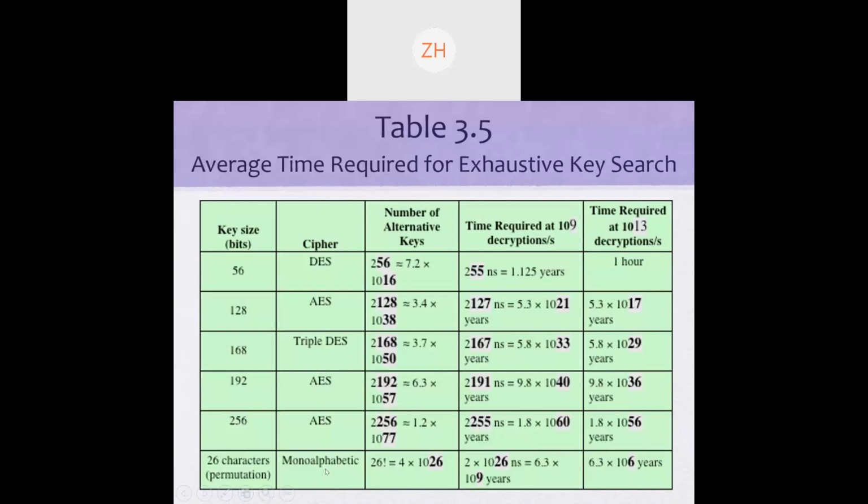But monoalphabetic, you still remember the conventional cryptography, monoalphabetic? Only by 26 character permutation? The Caesar cipher? Just a matter of initializing different positions.